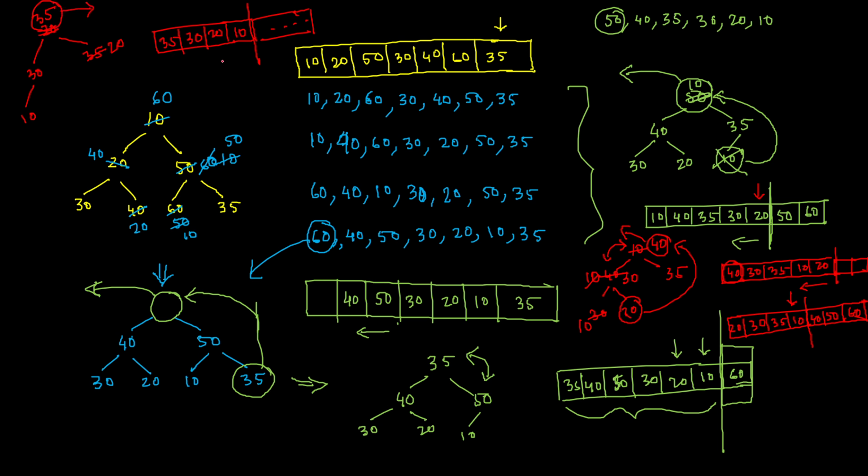So basically what will happen, this 30 and who will come in the place of here, obviously this 10 will come. So the situation will become 10, then 30, then 20, and the other part of the data will contain the other values, that is the last 3 values 40, 50, 60.